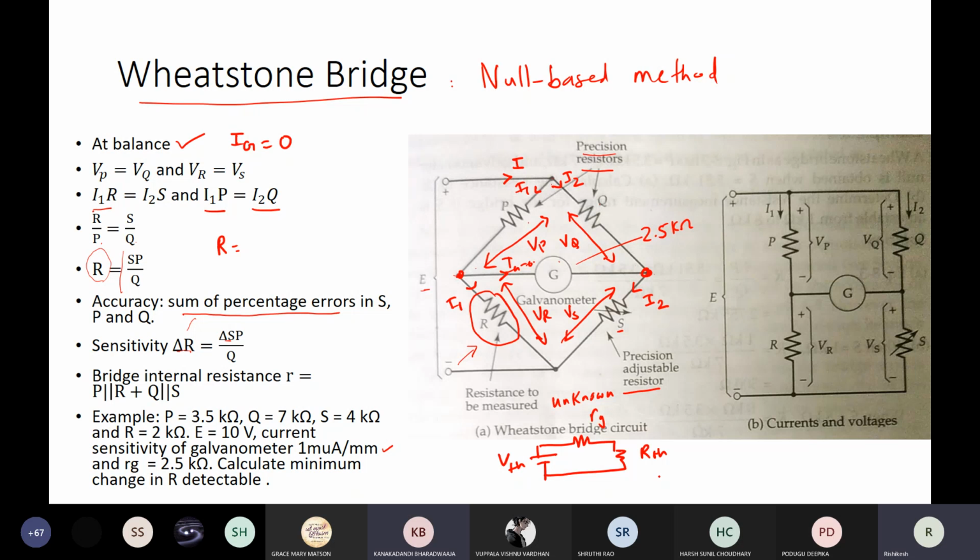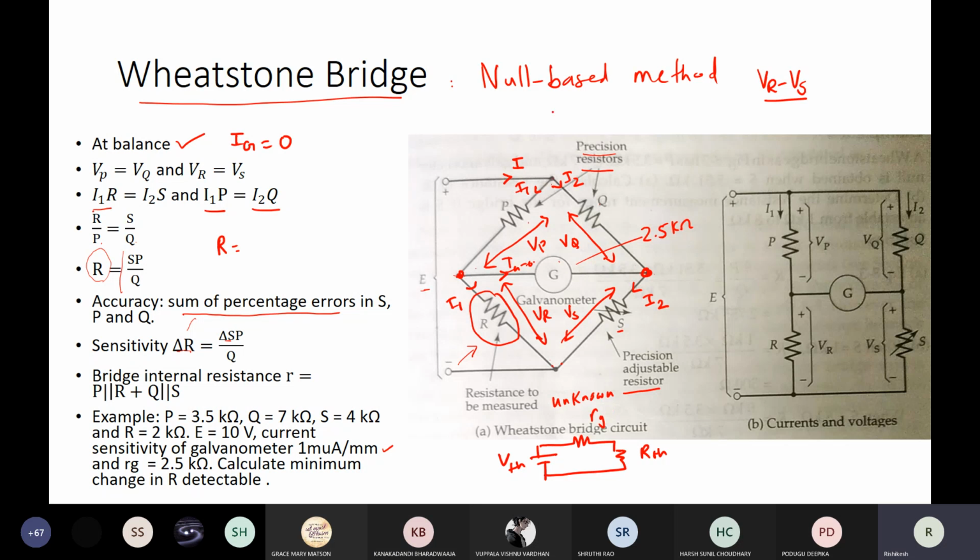So it is VR minus Vs: the voltage drop across R minus the voltage drop across S.